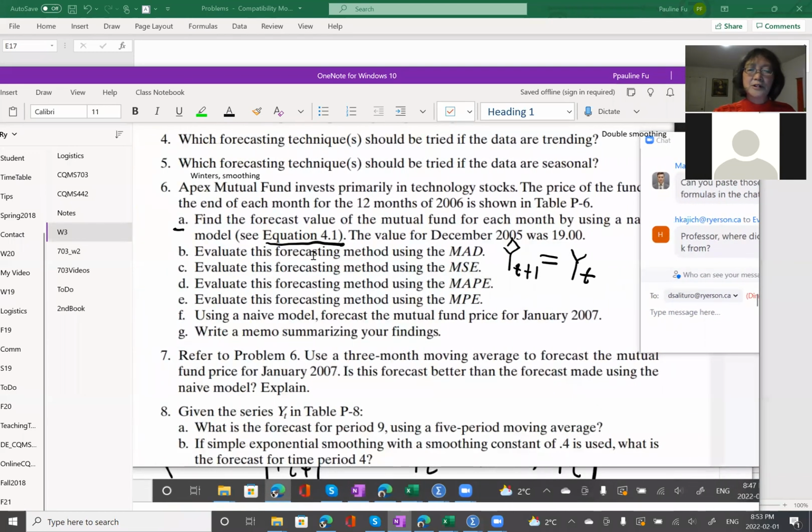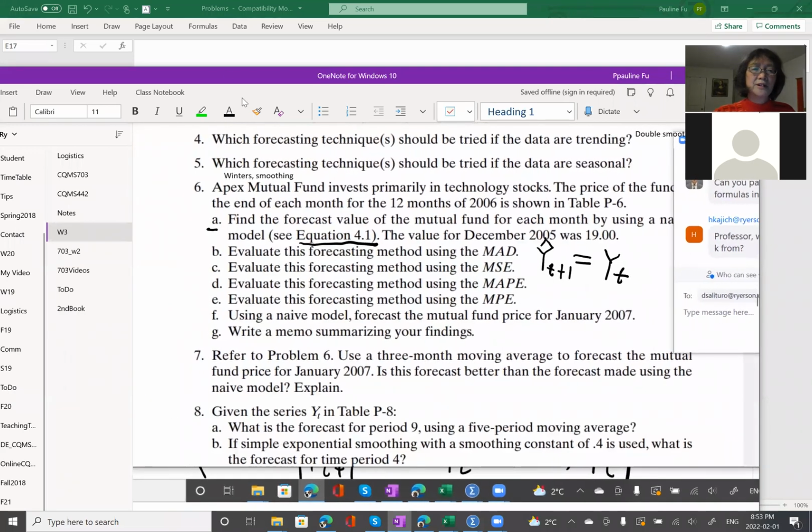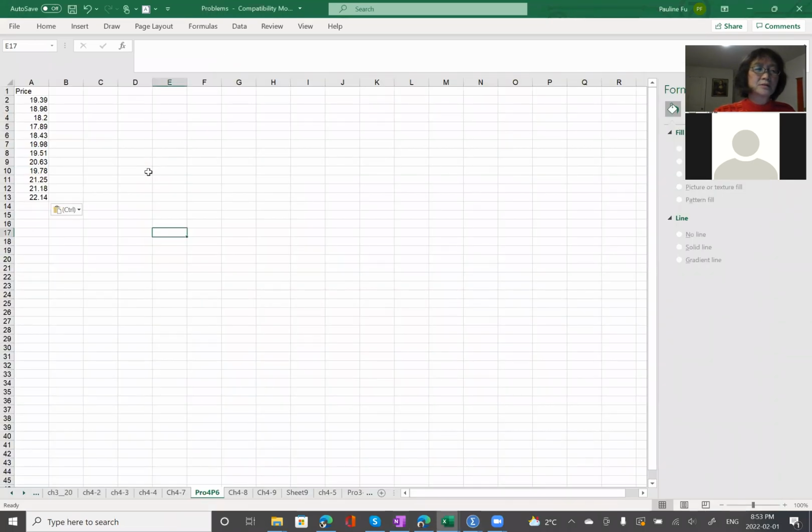Okay. All right. So the value for December 2005 is 19. After you copy this data, I'm going to copy it into the next location.